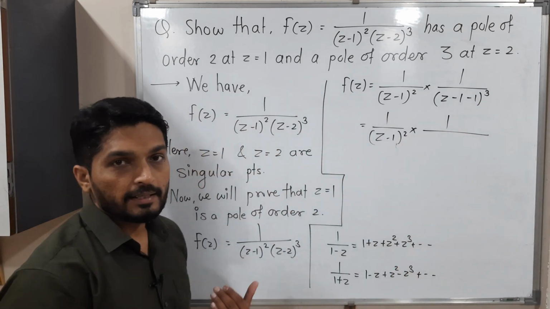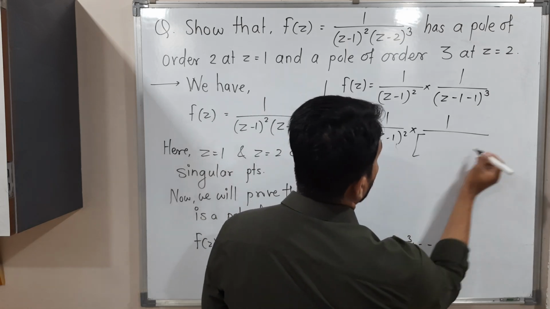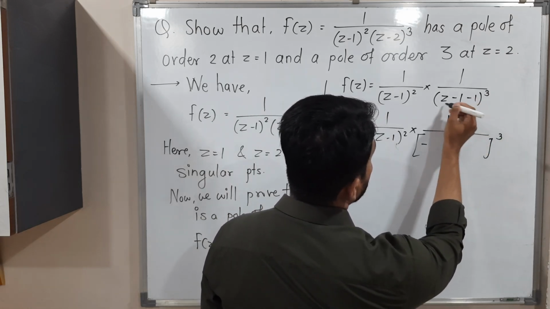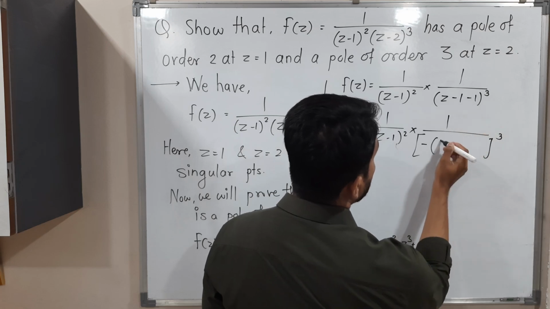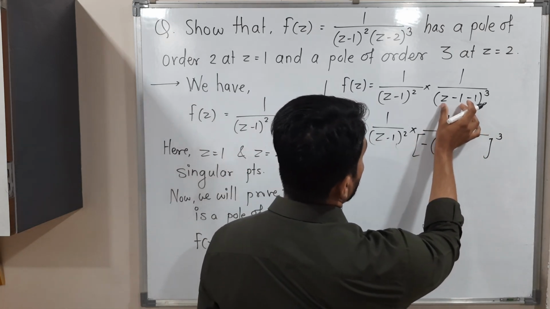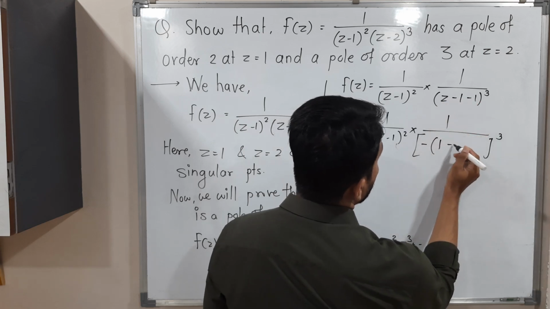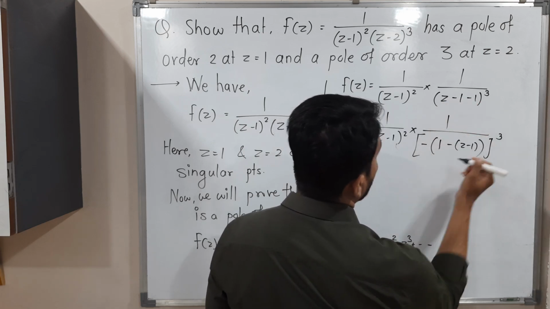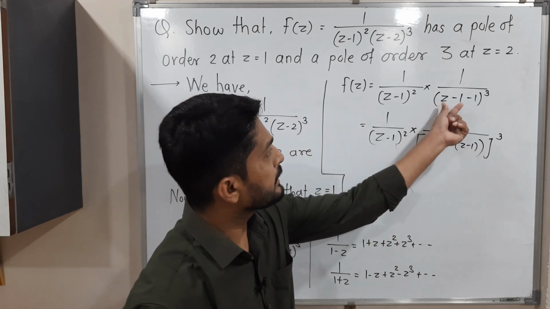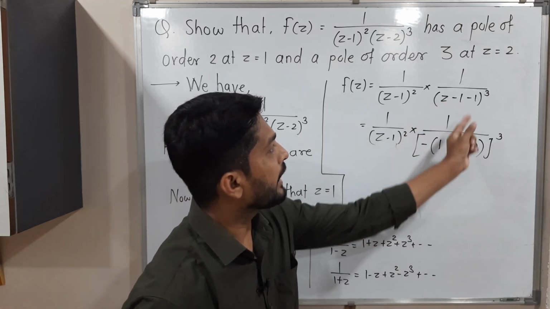This is equal to 1 upon (z minus 1) square into 1 upon, what will I do? I will take the minus sign common. The cube is already there. So the minus sign I am taking common, so this 1 will be plus, and this z minus 1 I am considering as one term, so its sign will change: minus (z minus 1). Have you understood what I have done? I treated z minus 1 as one term and 1 is there.